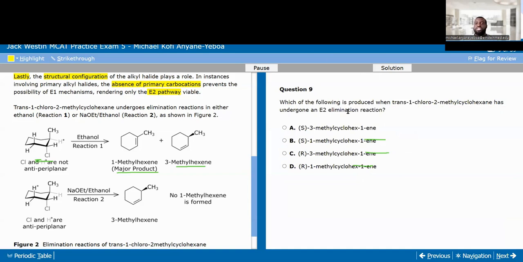Okay, which of the following is produced when trans-1-chloro-2-methylcyclohexane has undergone an E2 elimination? All right, trans-1-chloro-2-methylcyclohexane.